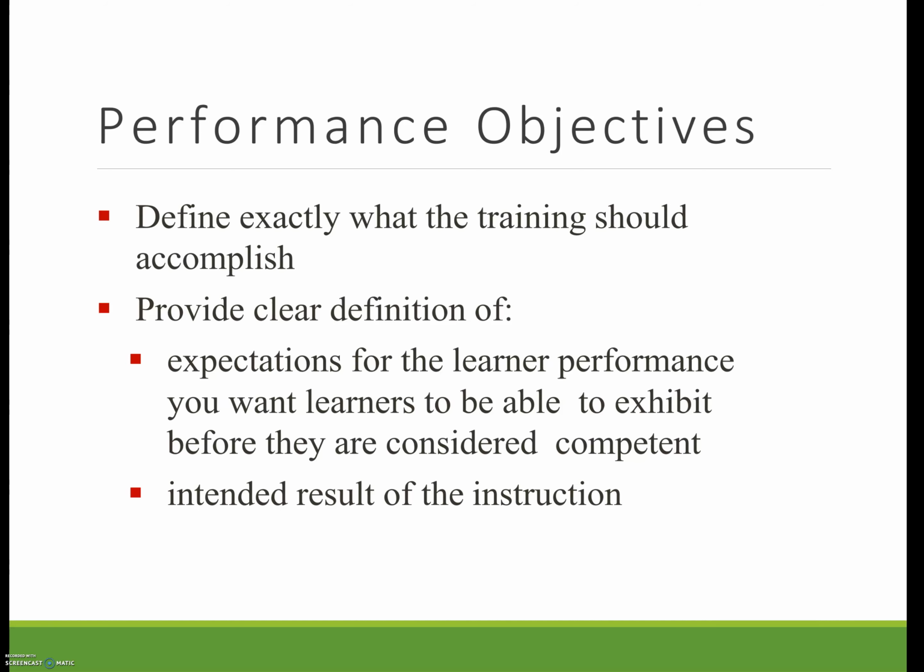So performance objectives need to be clear. They need to directly outline expectations for learner performance and what they should be able to exhibit given a considered condition or component. And they are an intended result of the instruction that you're going to develop.